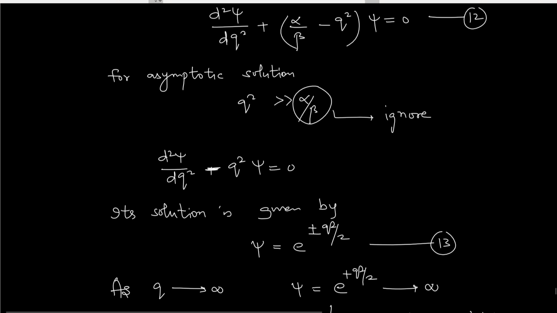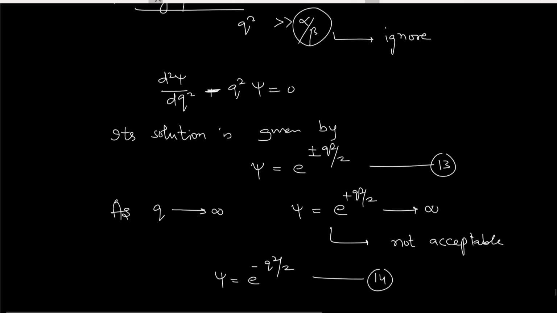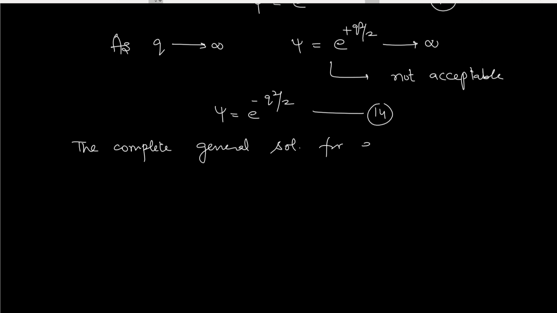But as we have taken the asymptotic solution, the complete general solution for equation number 12 will be of the form H(q) e raised to power minus q square by 2.